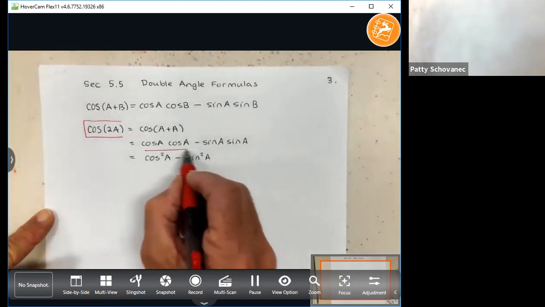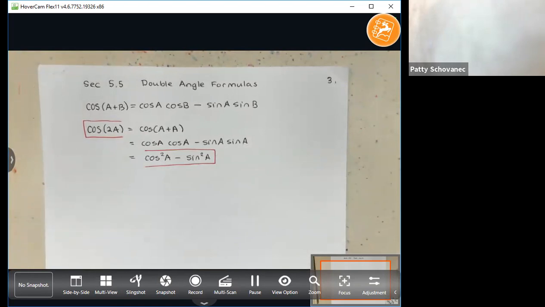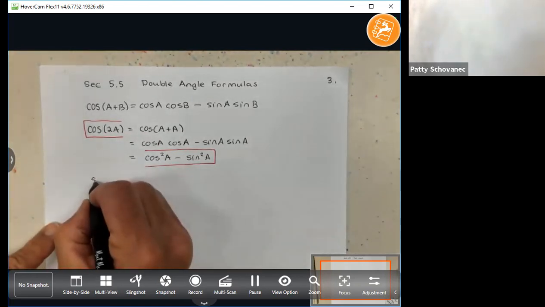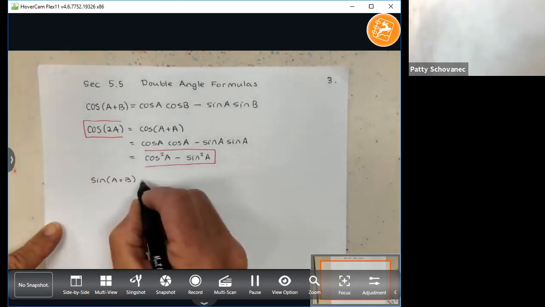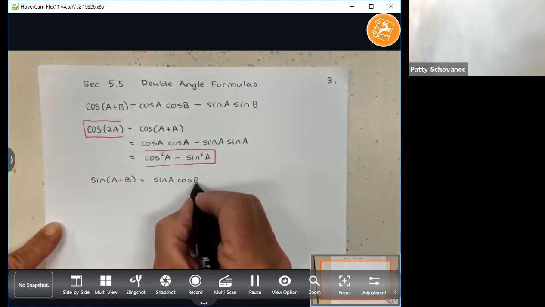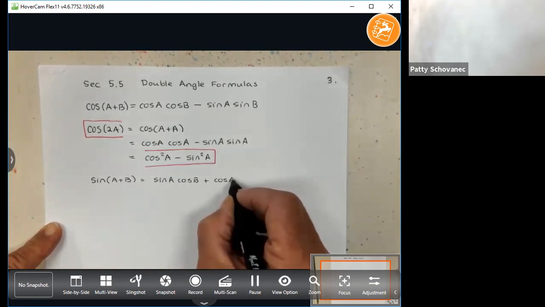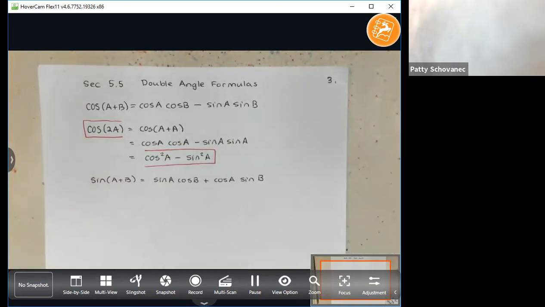But do the same thing now to get a double angle formula for the sine of 2 times a. I'm going to use the fact that the sine of a plus b goes sine a cosine b plus cosine a sine b. My goal is to get a formula for the sine of 2 times a.